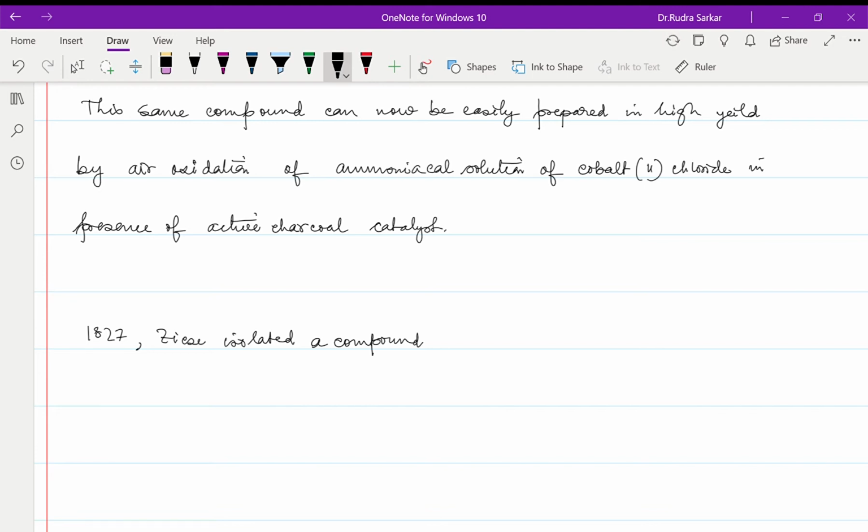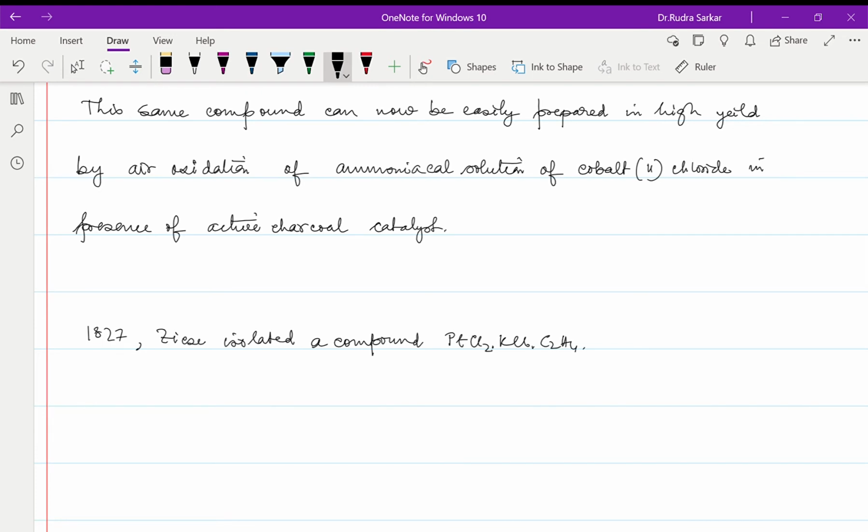All right, he had isolated the compound, which is basically PtCl2.C2H4. That is how it was written before.